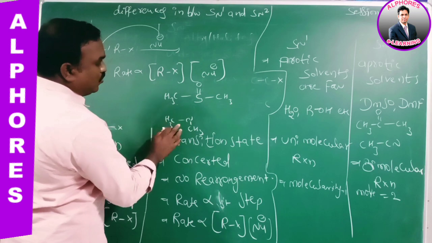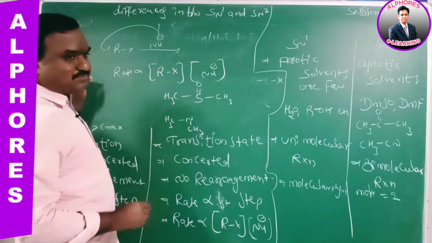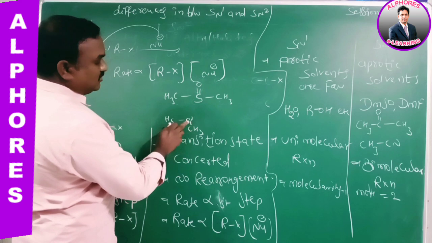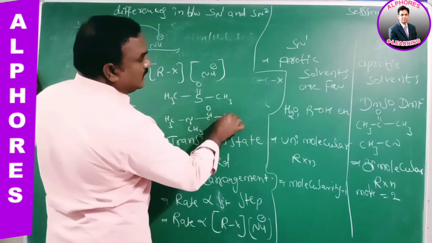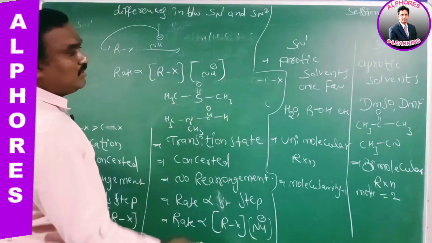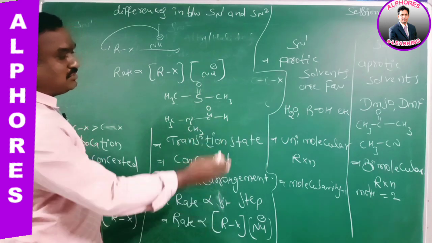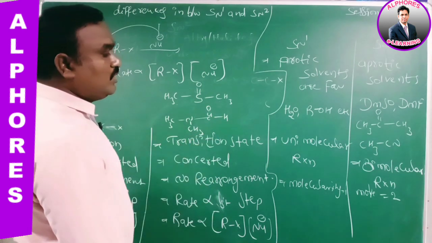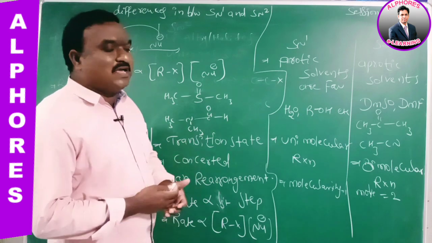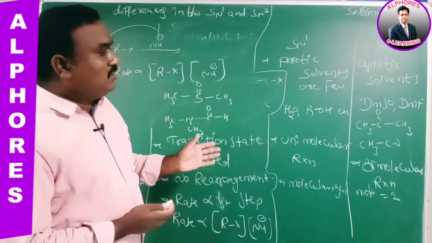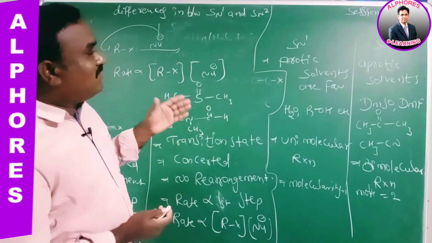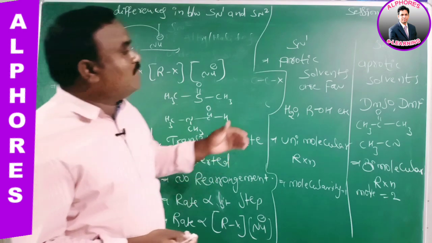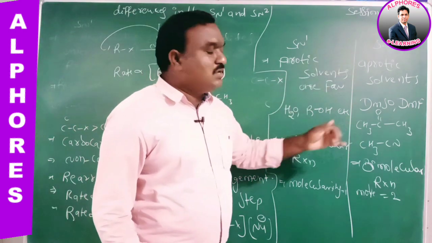Others include acetone, methyl cyanide and nitro compounds, which do not carry an OH group or an H plus donor. So this type of solvent is favorable for bimolecular nucleophilic substitution reactions.